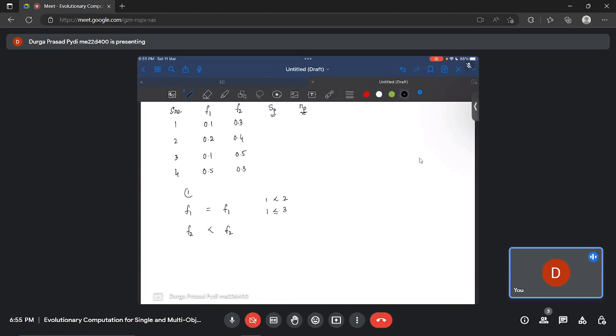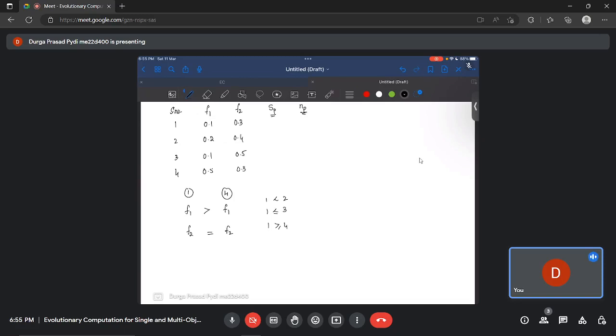Similarly, we will compare 1 with 4. F1 of 1 is greater than this, and F2 is equal to this. So here we can say 4 is less than or equal to 1. Or maybe we can write it the other way: 1 is greater than or equal to 4.